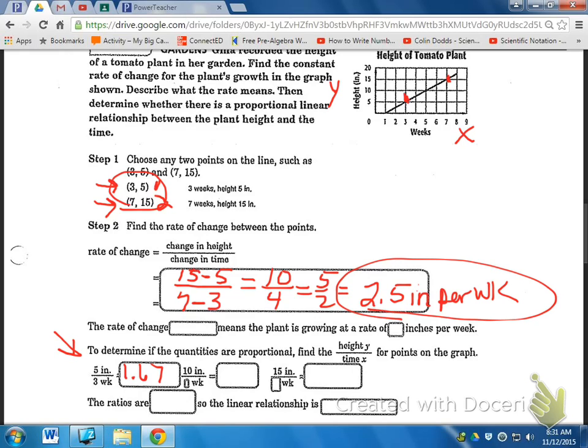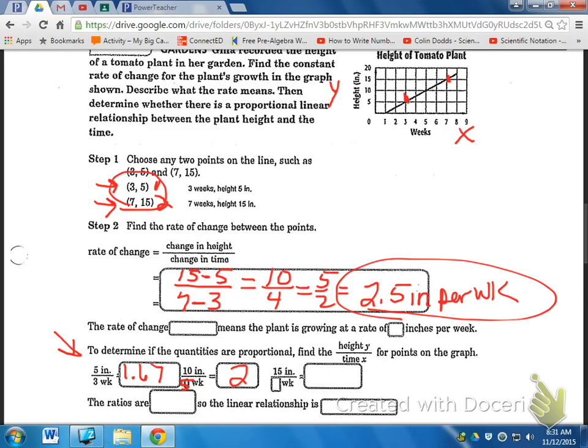The 10-inch mark, what week does the 10-inch mark hit? You see the 10 inches? Go across. Where does it hit? How many weeks? 5. So 10 over 5 is how much? What would that reduce to? 10 divided by 5, that'd be 2 inches per week.